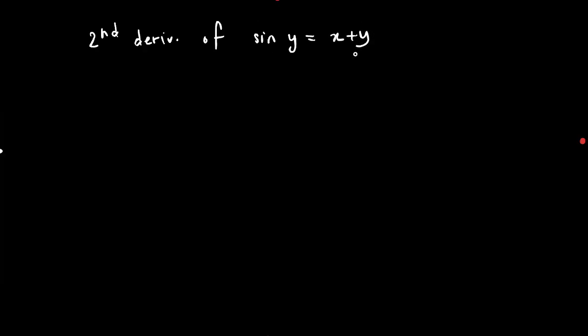Again, we can clearly see that this is an implicit equation, as we are dealing with two different variables here in the same equation. So this is an implicit equation.